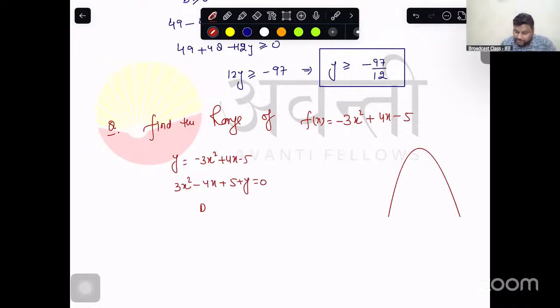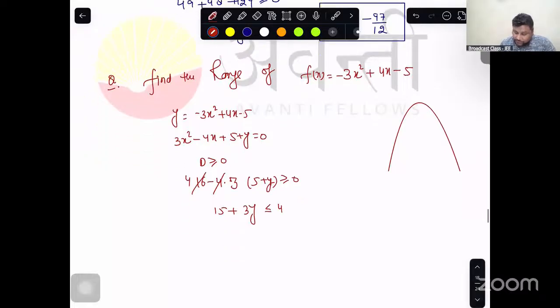Now for this quantity d is more than or equal to 0. So b square 16 minus 4, a is 3, c is 5 plus y, more than or equal to 0.